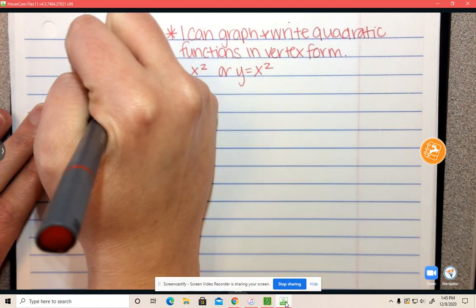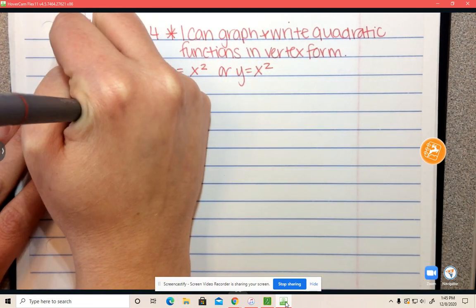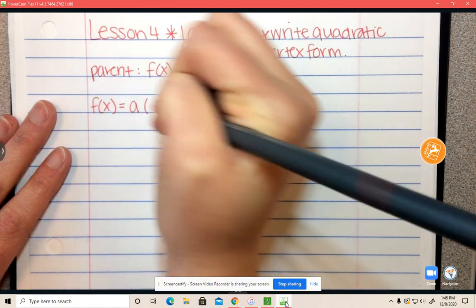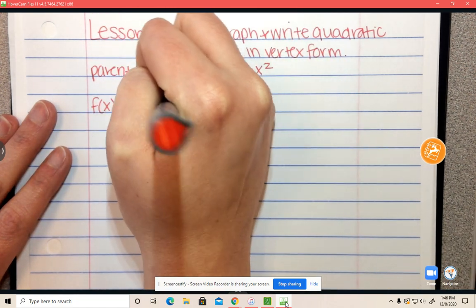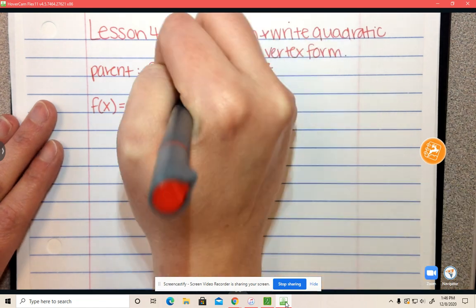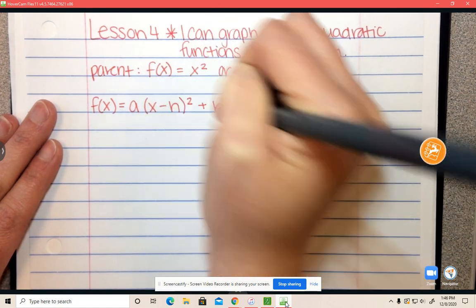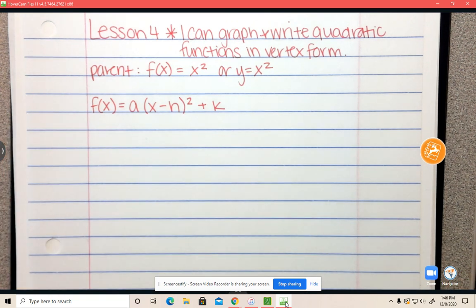Okay, but we're going to look at vertex form. So that's f of x equals a times the quantity x minus h, close quantity, squared, plus k. Now, that should look familiar to you because it's kind of like the point-slope form that we did.